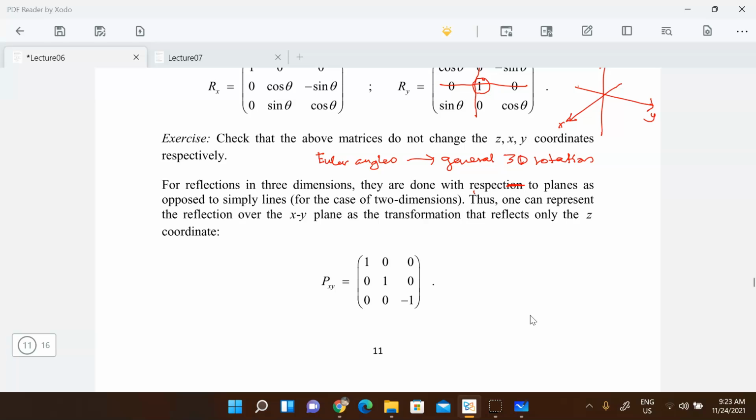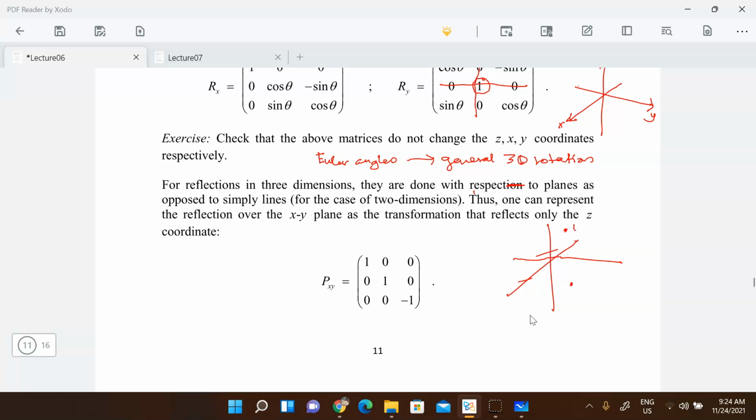So if I want to draw this, roughly, you can see that this takes a point somewhere here with a non-zero z coordinate, reflected about this plane, the xy plane here, and it goes down here somewhere.